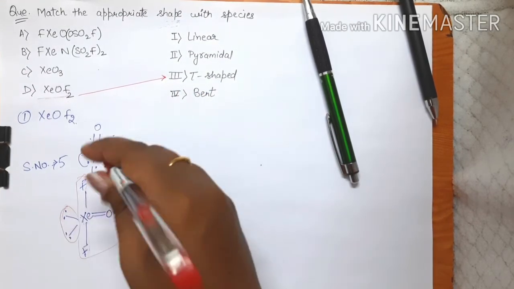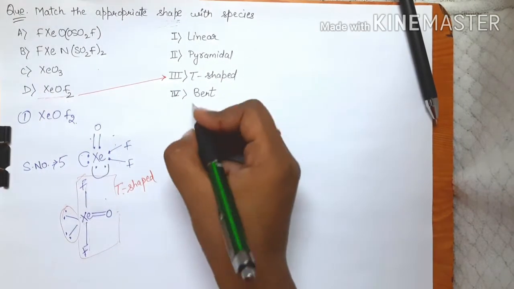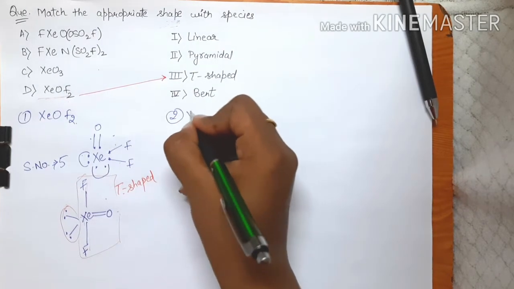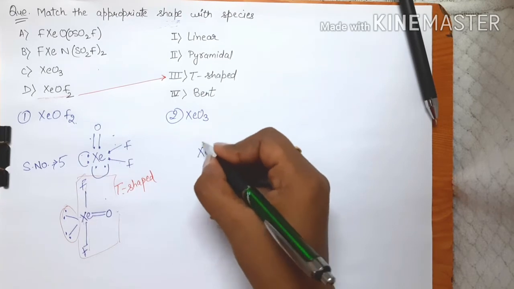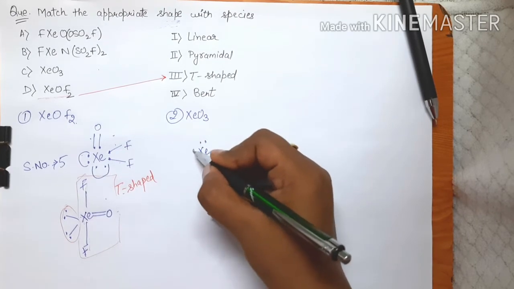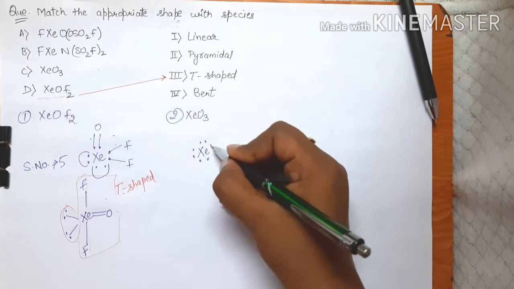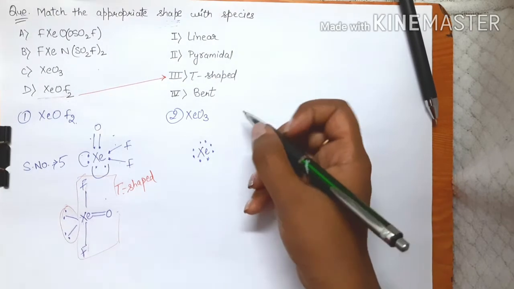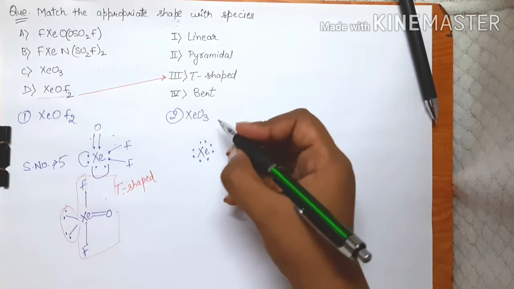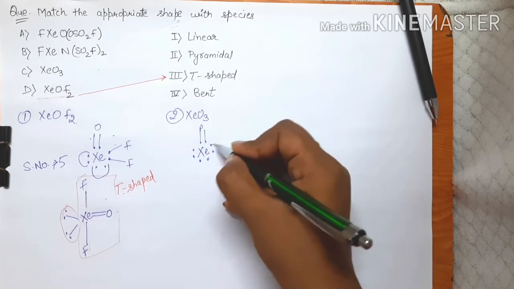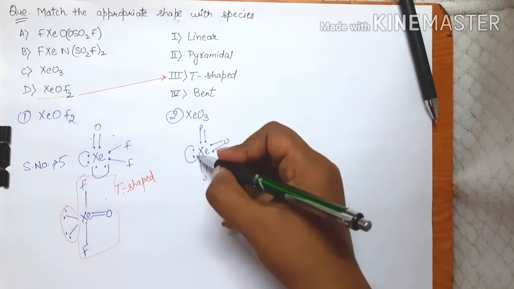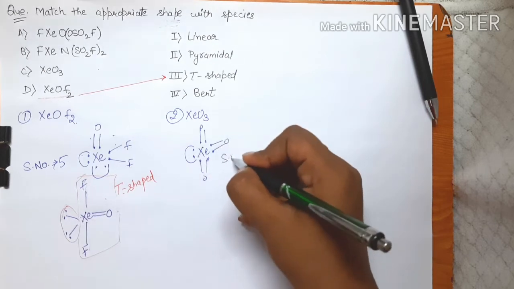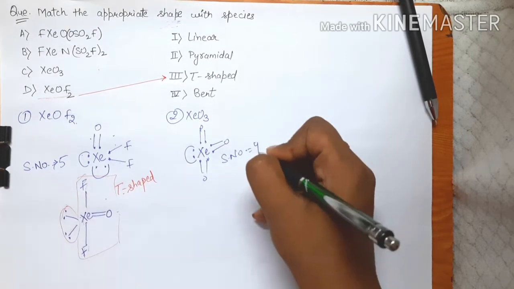Now we'll move on to the second molecule, which is XeO3. Here xenon will be the central atom having 8 electrons in the valence shell. Now it is attached to 3 oxygens. Oxygen is bivalent, it will be present like this. So xenon will be having 1 lone pair and 3 bond pairs. Steric number will be 4.